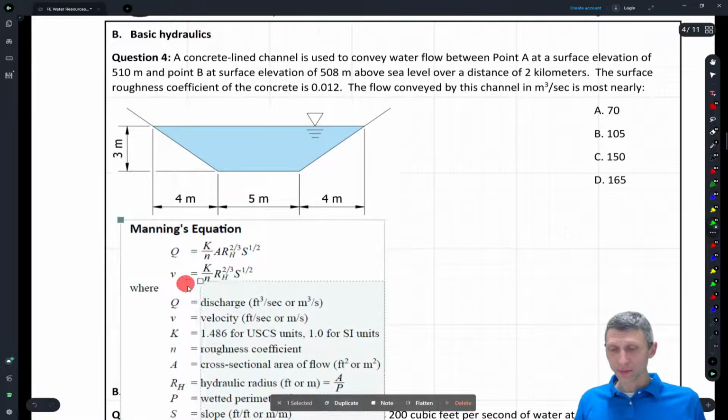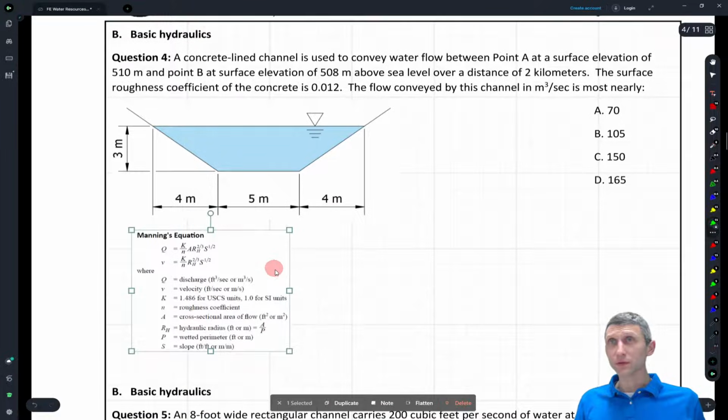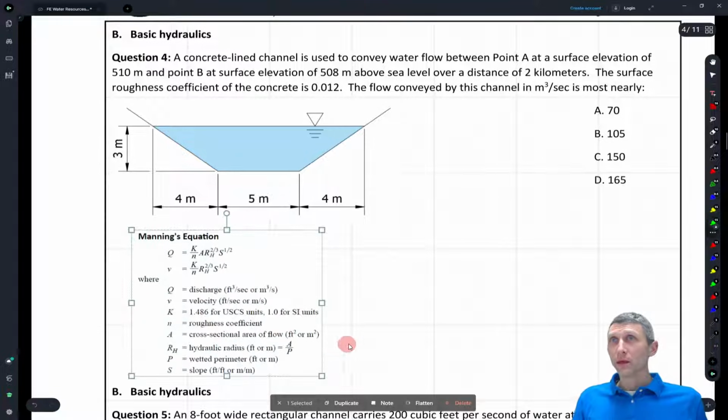Okay, so here's our Manning's equation, and this is what we need to solve for. That's a little small, but hopefully it's readable. So we need to solve this, right? And we have a few different things. We're given n, that's good. We know that's 0.012.